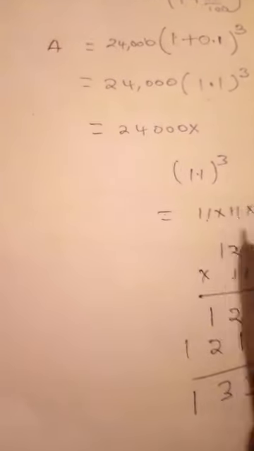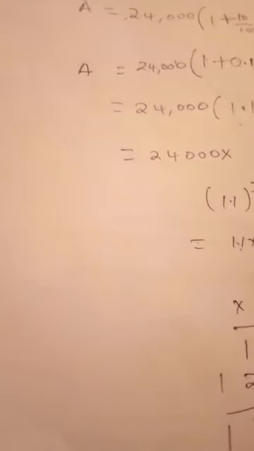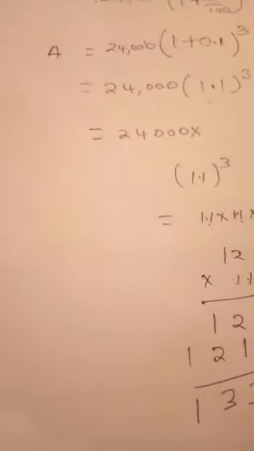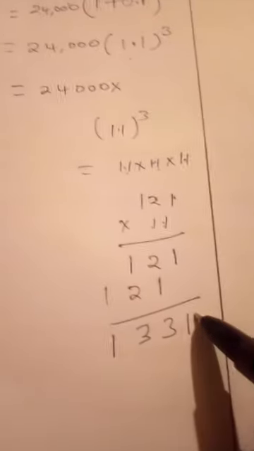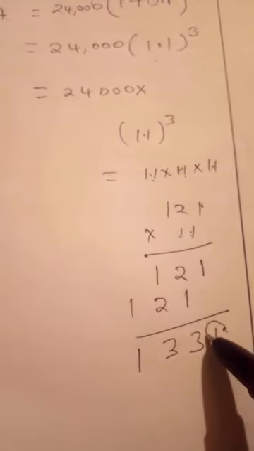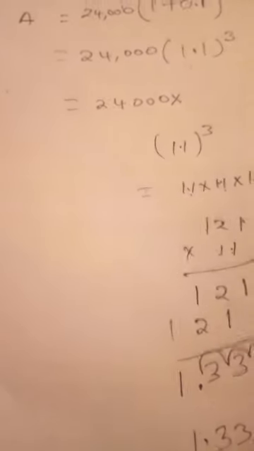We have 3 decimal places. To get the decimal places, we start going back and count the number of decimal places: 1, 2, 3. So we put our point here, and this becomes 1.331.